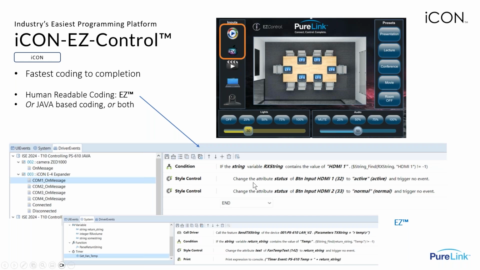And so what this code is doing is if somebody changes the switch to HDMI1 and it's not even with the touch panel, maybe they're at the switch and they press HDMI1 on the switch, iCON will receive the update through the commands from that switch and then update the touch panel to show the true current state of the switch. So that's an important thing for it to do.